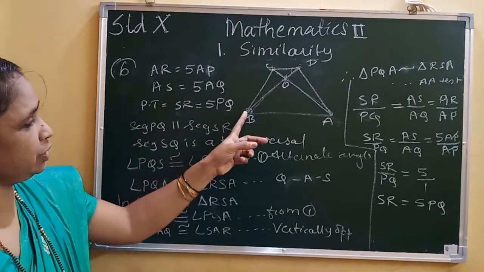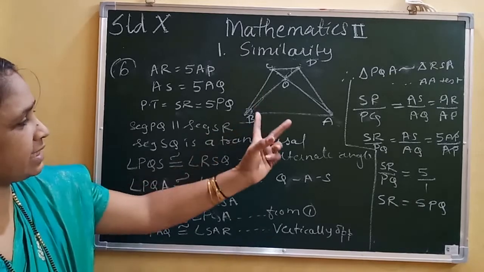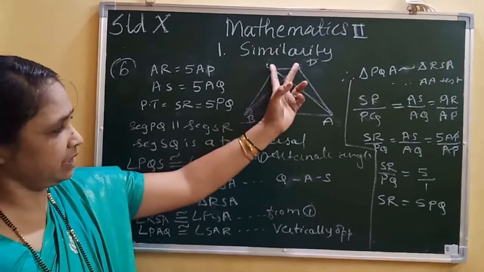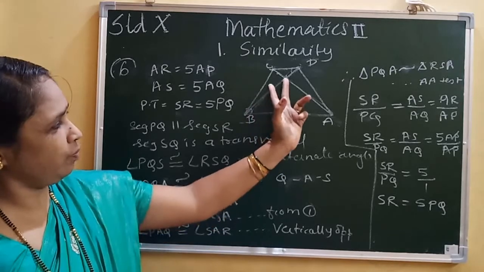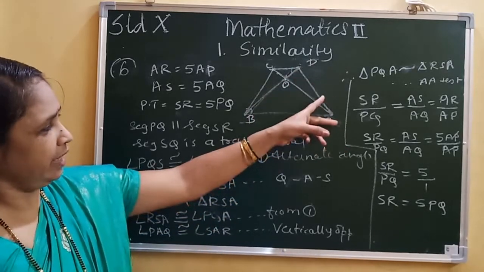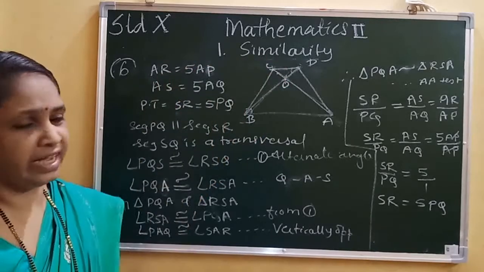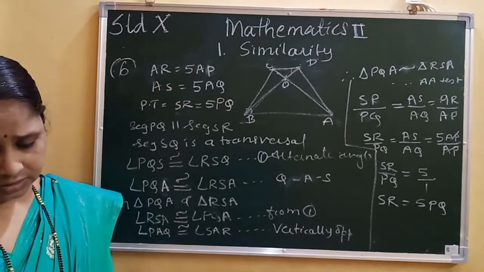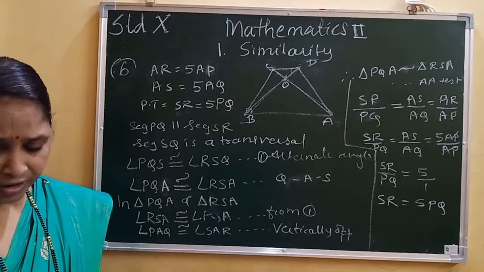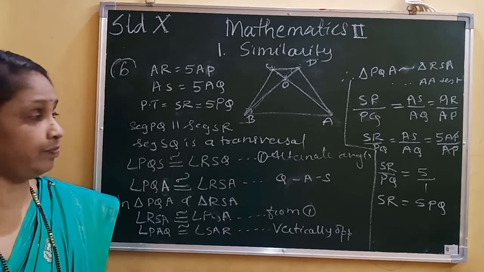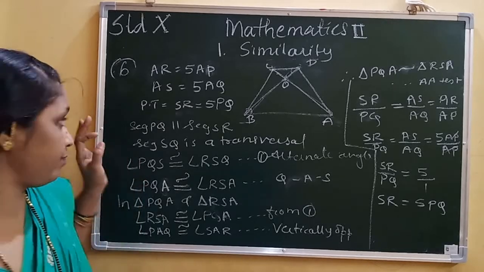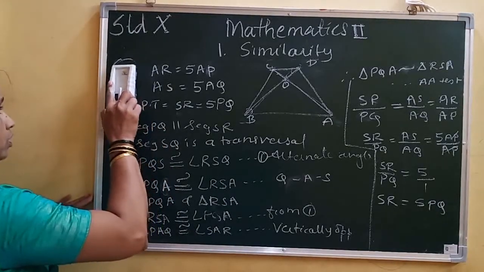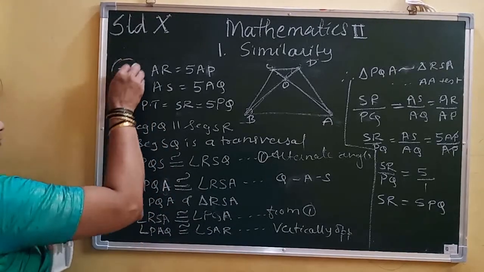So you take the ratio of bigger side upon the smaller side, means BA upon CD is equal to BO upon OD and AO upon OC, and write the given things and find out the fourth one. Okay, like this you have to do this sixth one. Now I will take the example seventh one. Now here we will solve example number 7.